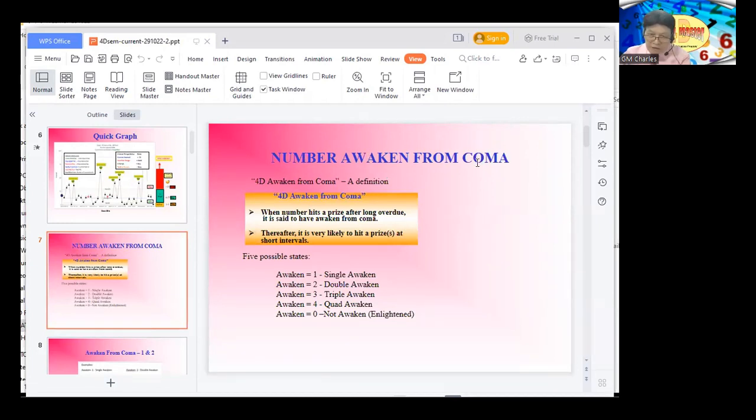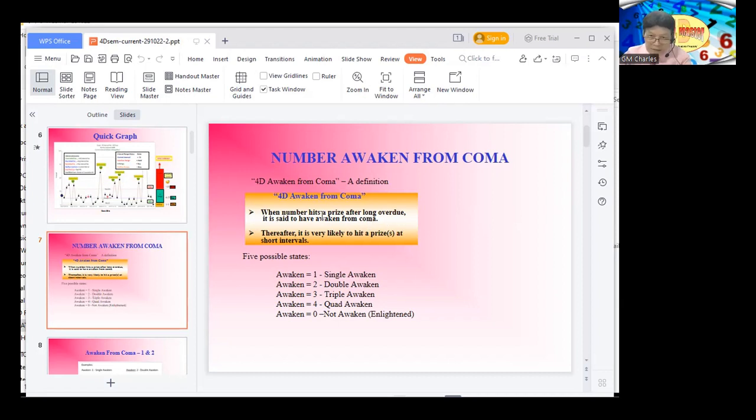You can see from here, right? There are 5 possible states. Before I talk about these 5 possible states, I better recap the definition of awaken from coma again, because if you understand this definition, then you will be less confused. Otherwise, you will keep asking me what I mean by awaken from coma, when a number is in coma, when a number is awakened.